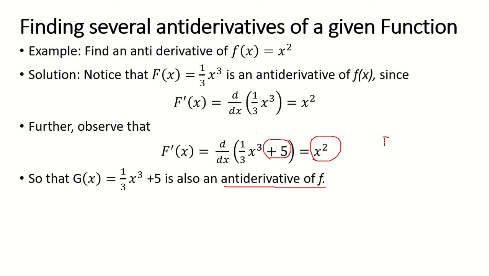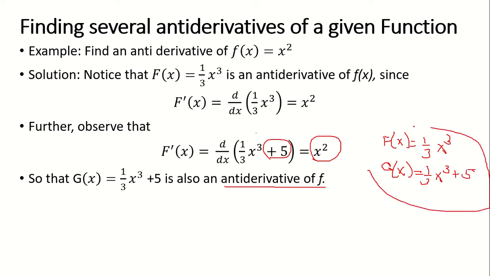So yung capital F of x is equal to 1/3 x cubed, and also capital G of x is equal to 1/3 x cubed plus 5.